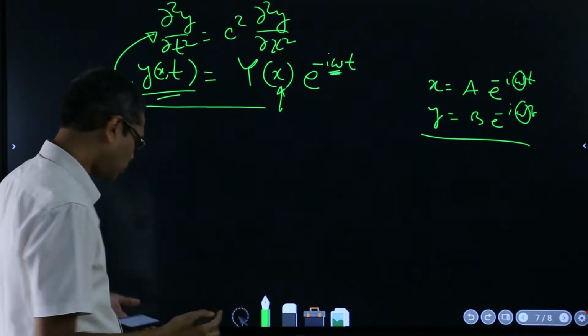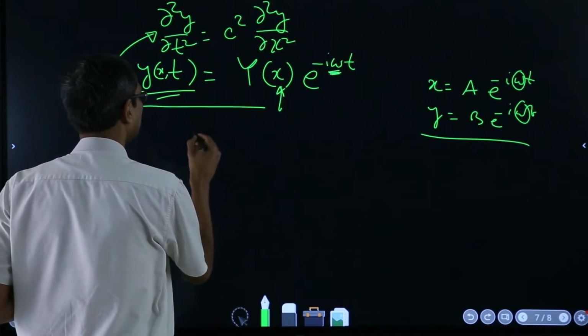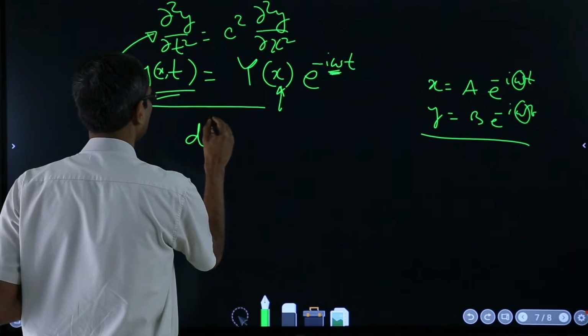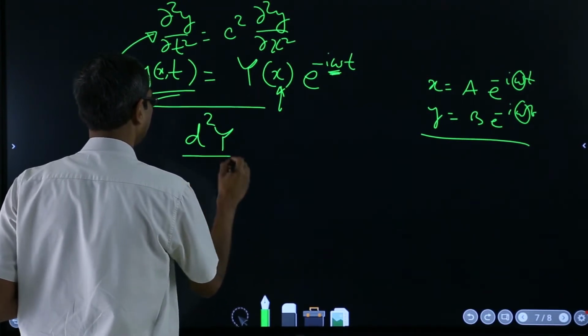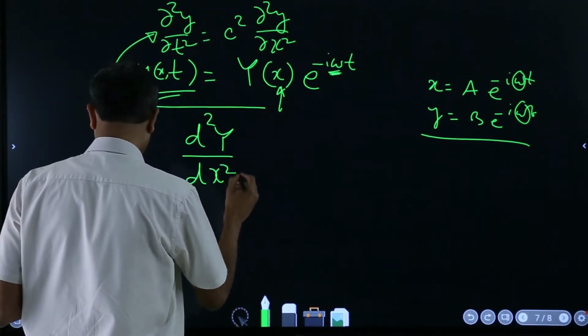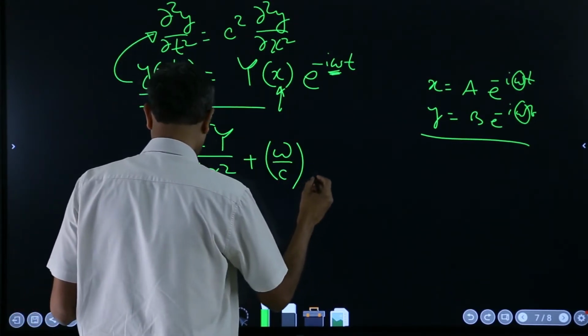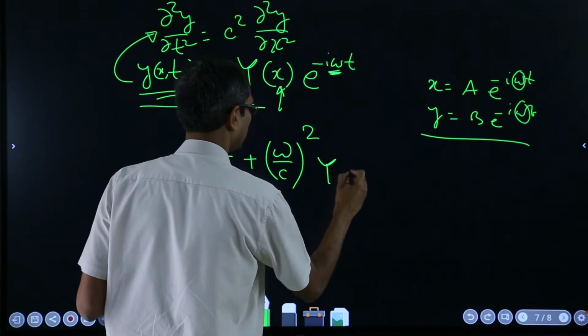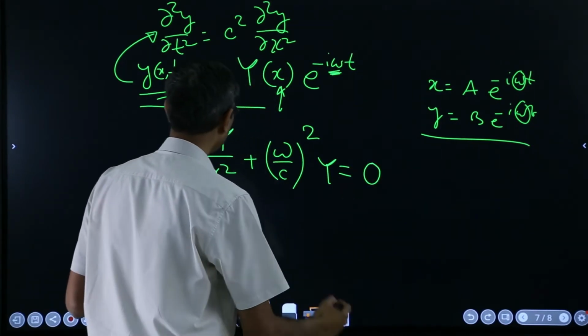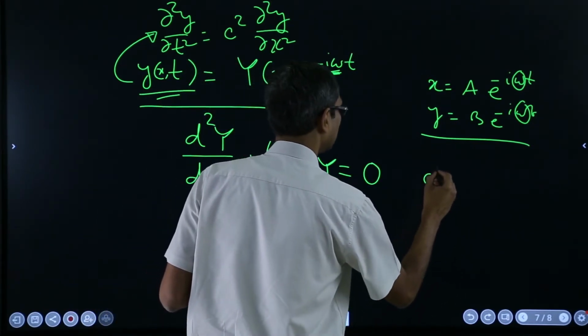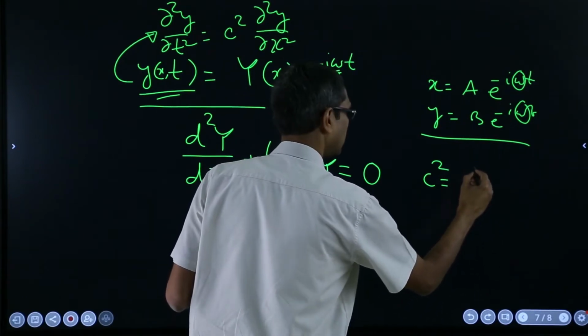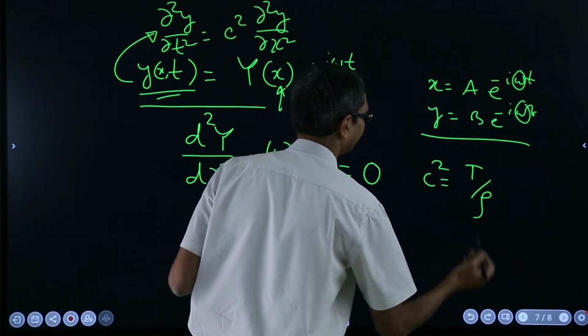Right? So if you do that, you will get the equation which will come, d²y/dx² plus (omega over c) squared y equals 0, where c squared is T over rho.